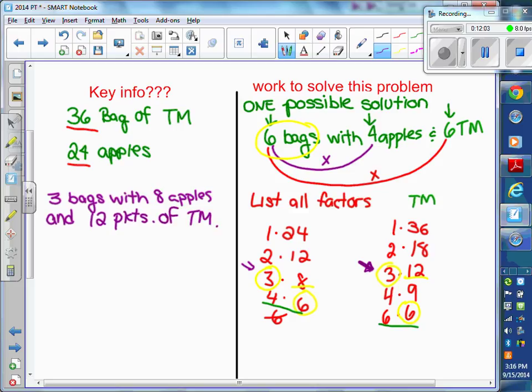I'm not sure you guys are seeing this. Okay, Devin, try. So we could have 6 bags, we have 3 bags. What's another combination? What's another common factor? Look, there's a whole list of factors here. Give me the common ones. 12's common, right? What's another one?